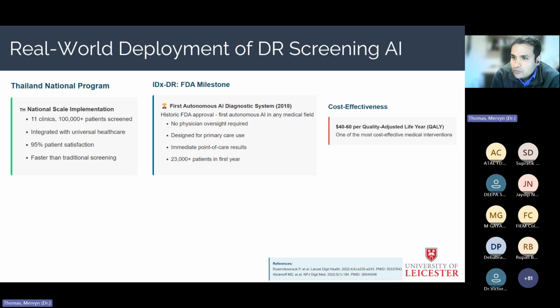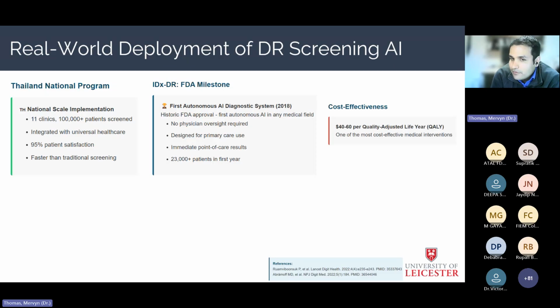Meanwhile, there was also IDX-DR, which achieved a historical milestone, the FDA approval in 2018. So this was the first autonomous AI diagnostic system. No physician oversight was required. It was designed for primary care, which means within the community, for instance, and it had immediate point of care results.